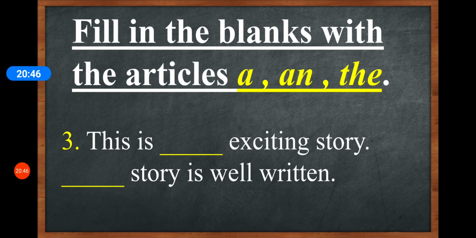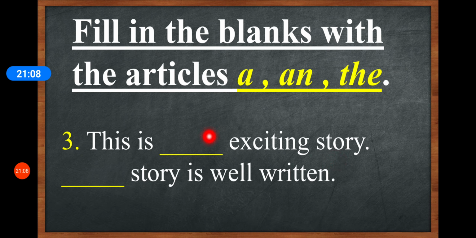Next one. This is dash exciting story. Dash story is well written. Now children, we are talking about a singular thing, one story, and we are talking about the story for the first time.